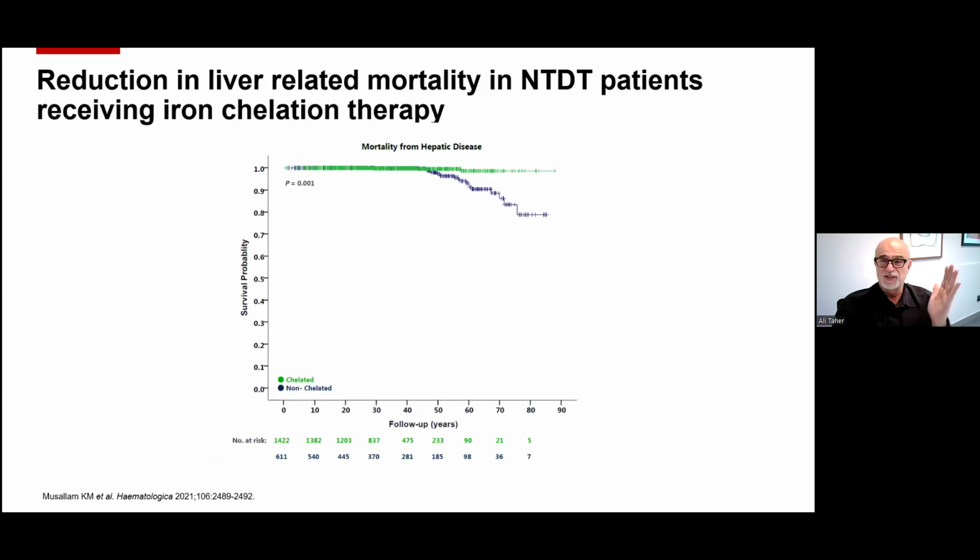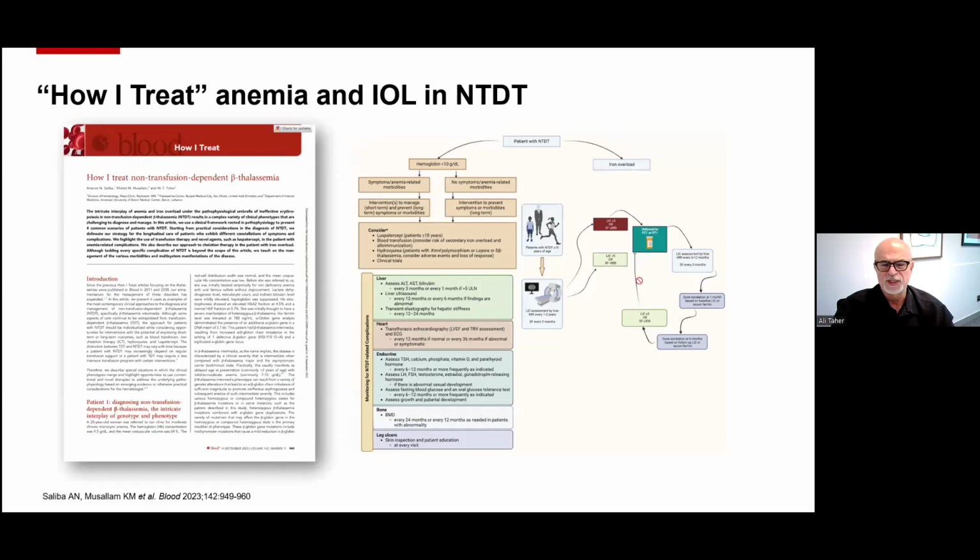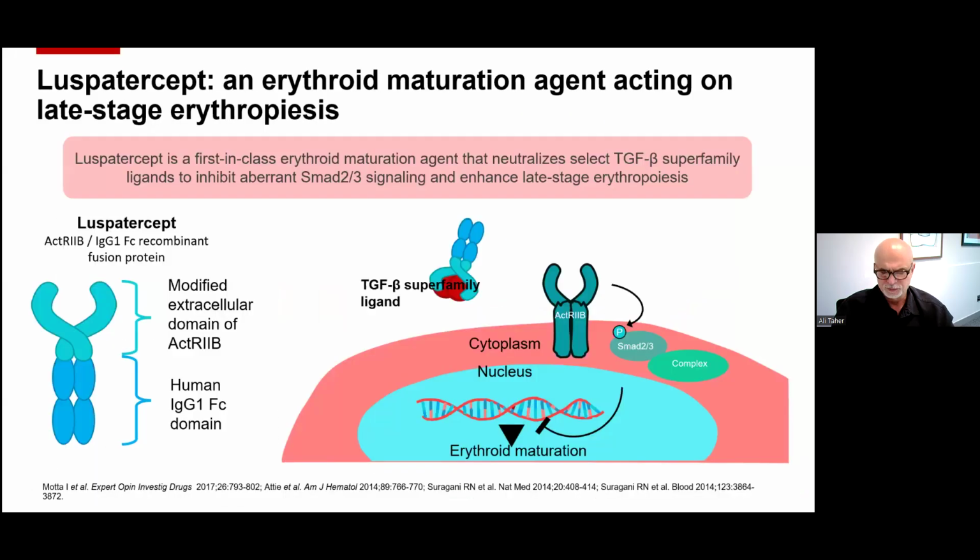So I showed you previously, improving the hemoglobin and reducing the iron improve the morbidity and decrease the mortality in this group of patients. This is from the How I Treat article that was written. I advise those of you that are interested in NTDT to look into this manuscript. It's really interesting. If you don't have it, you can email me and I can send it to you.